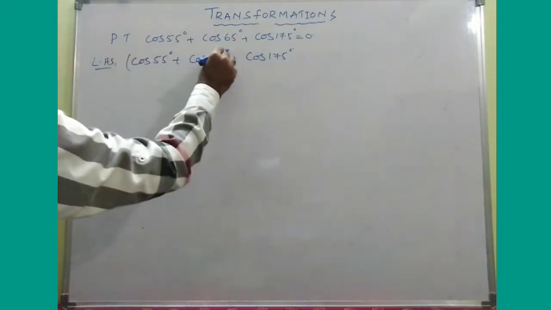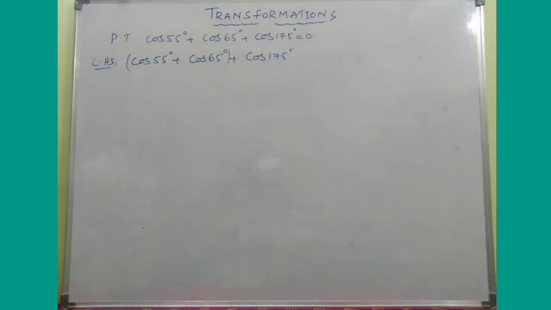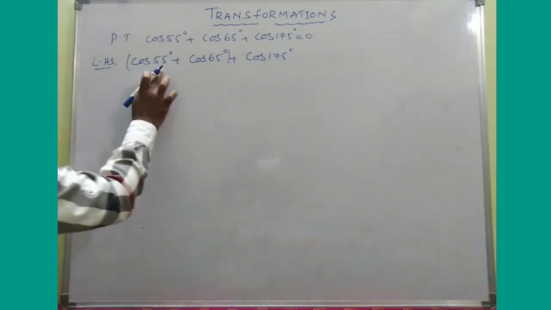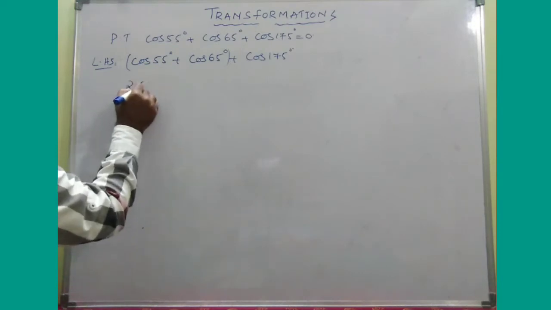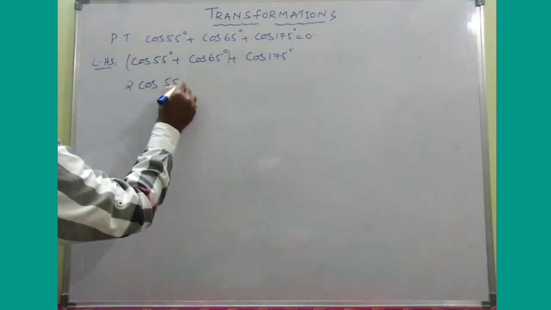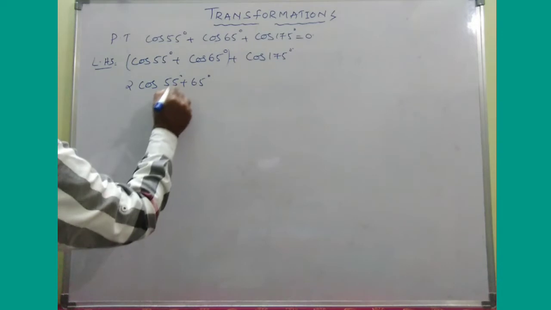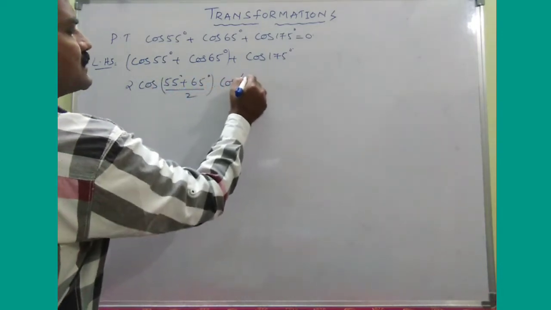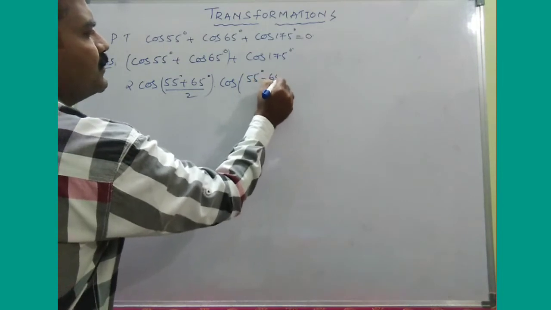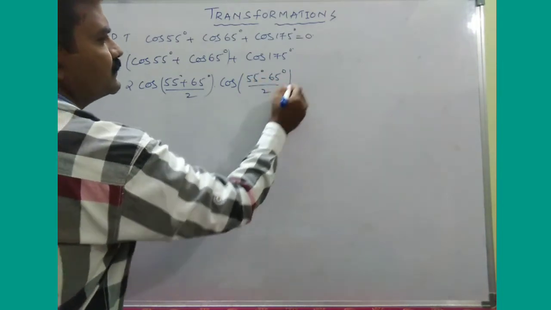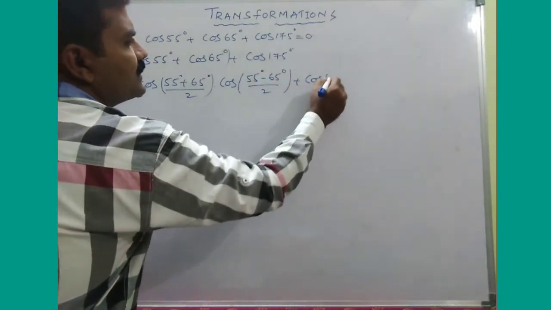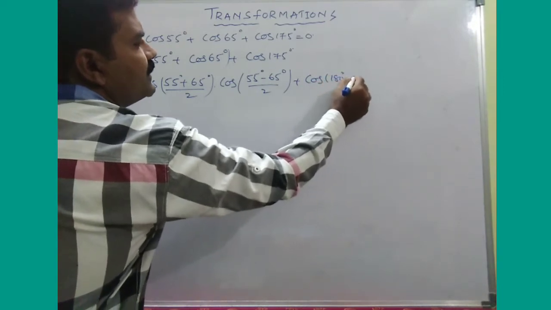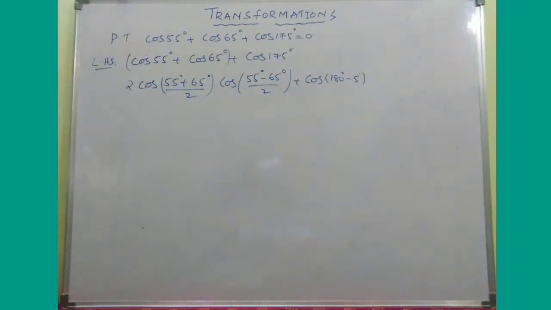So let us apply the formula of cos C plus cos D for these two. Cos C plus cos D is 2 cos of (C plus D) by 2 into cos of (C minus D) by 2. Plus, and this 175, can we write it as 180 minus 5 degrees?